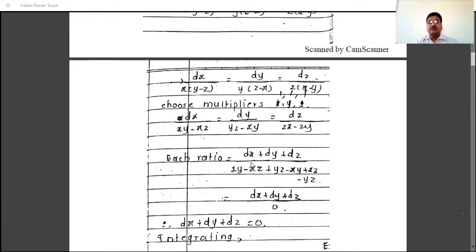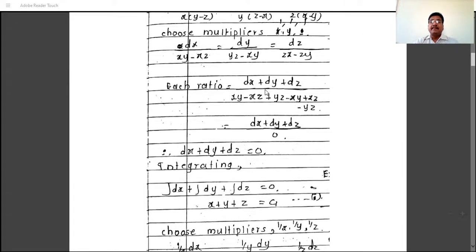Each ratio is equal to 1 into dx plus 1 into dy plus 1 into dz, divided by 1 into x(y minus z) plus 1 into y(z minus x) plus 1 into z(x minus y). So x(y minus z) means xy minus xz, plus yz minus xy, plus zx minus yz.